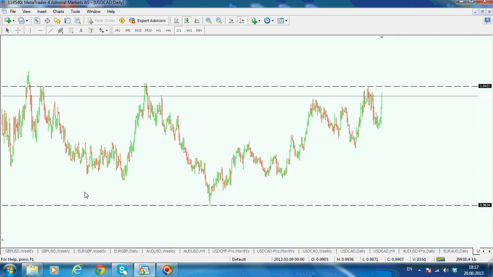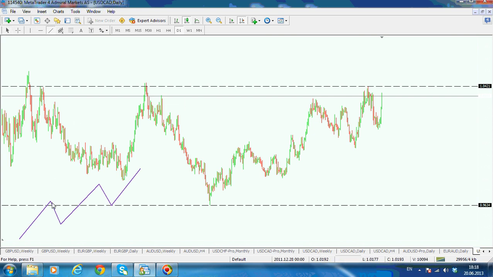A leading diagonal looks like this. I will try to show you here. It is a structure of 5 waves, 1, 2, 3, 4, 5.